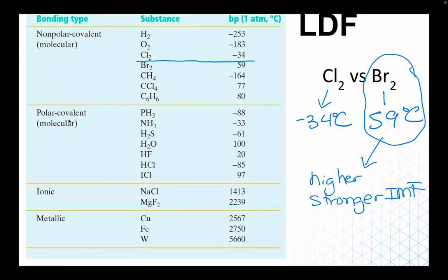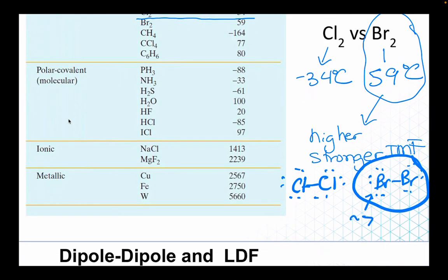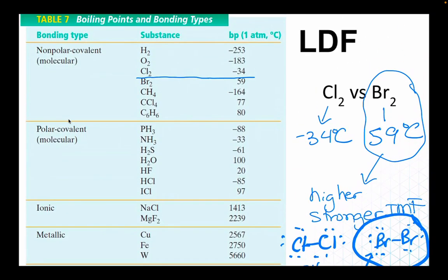They're both going to have only LDF because if you draw them out, they're completely nonpolar molecules. But the bromine is much bigger. So the bromine has more electrons. It has about 70 electrons for the two of them, versus the chlorine has about 34 electrons. So it has like double the electrons. So then when it does form those temporary dipoles, they're going to be stronger. And that is why the boiling point is higher for the bromine.